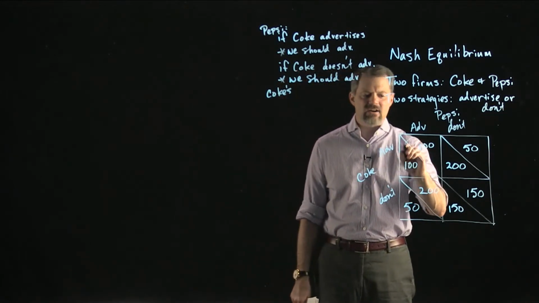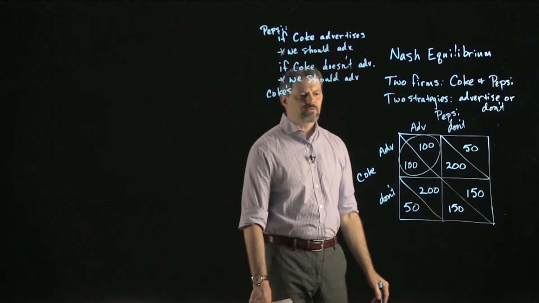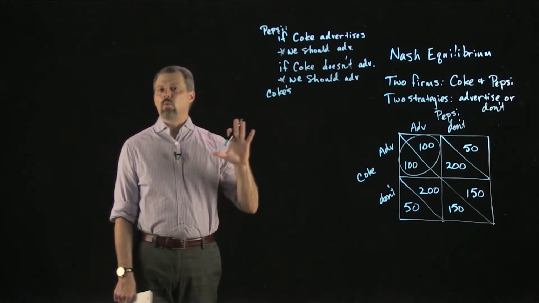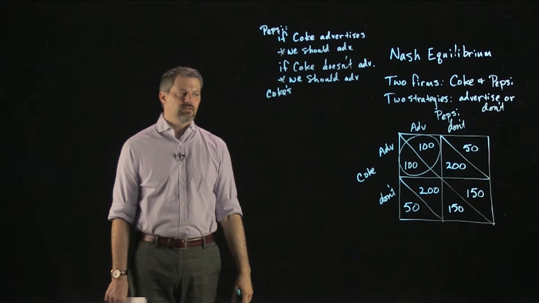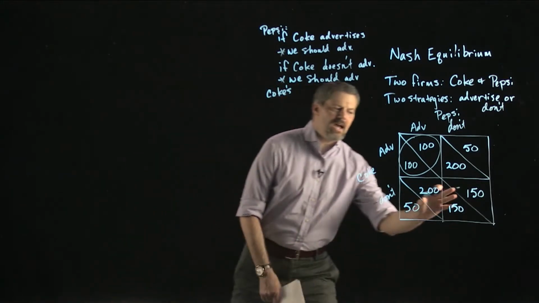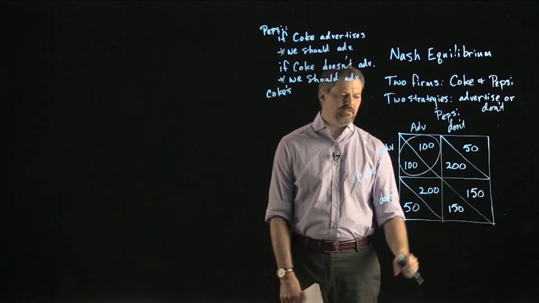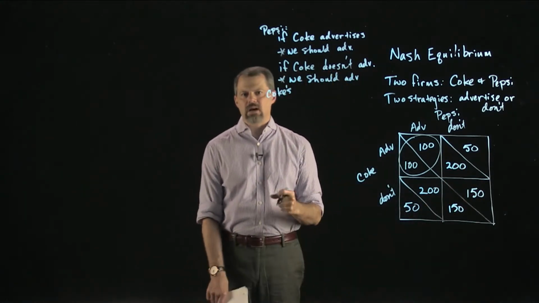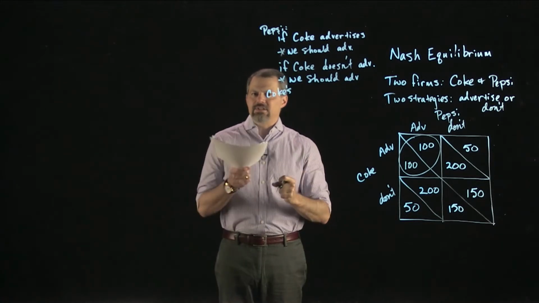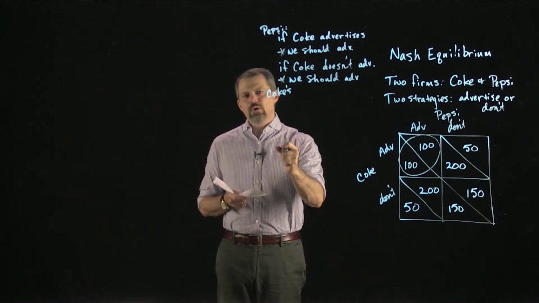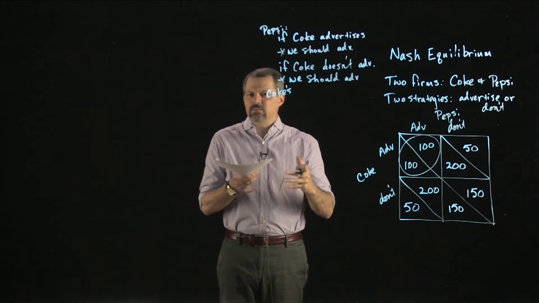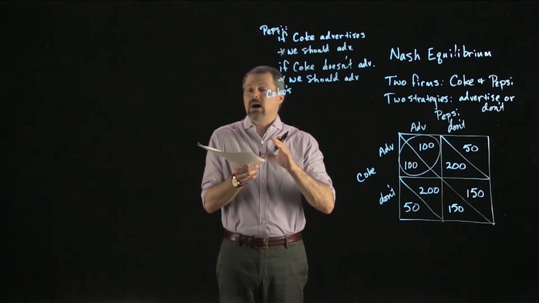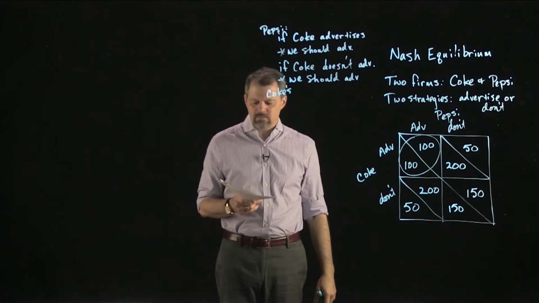So the likely outcome of this game is right there, where both of them advertise, both of them end up wasting the money on advertisement, and there's a better outcome for both of them if they were to cooperate with each other and not advertise. But the problem is that there's this strategic interaction. If you know what the other firm is going to do, if you've come to some agreement, you can exploit that and you can come out better if you break the agreement.